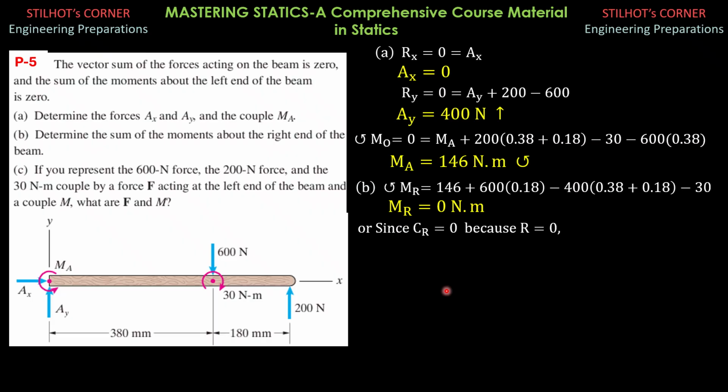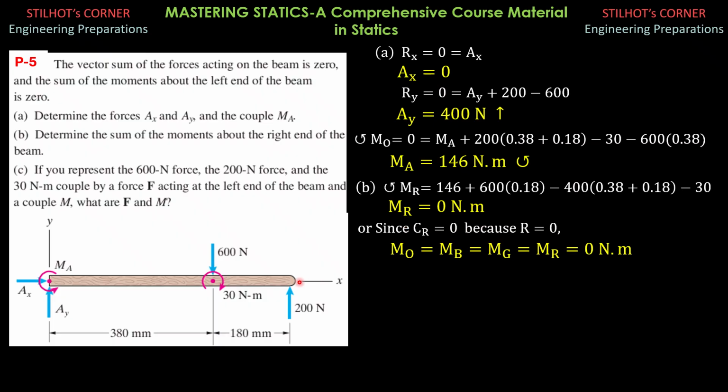Then for part C, if we represent the forces 600, 200, and this 30 Newton meter couple by a force acting at the left end of the beam and a couple M, find F in vector form and M. So MO equals MB equals MR equals 0 as the result of this.